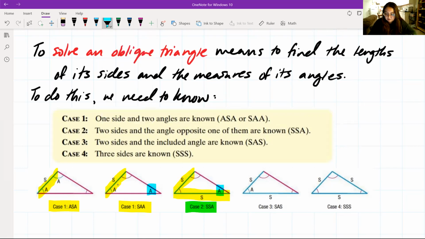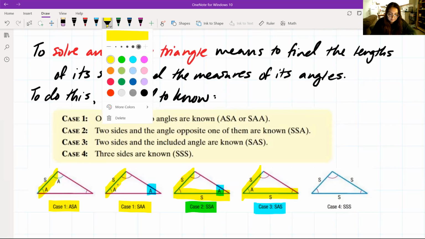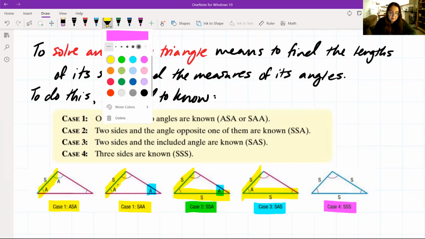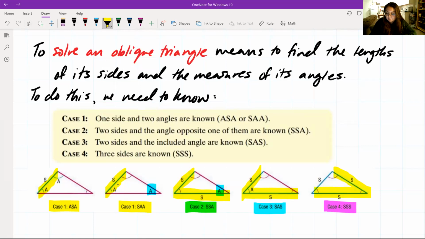Then we have case three, which is SAS, side, angle, side. So two sides and the included angle are known. We would know both sides and the angle in this case. And lastly, our case four, which is side, side, side. All three sides are known, but no angles.